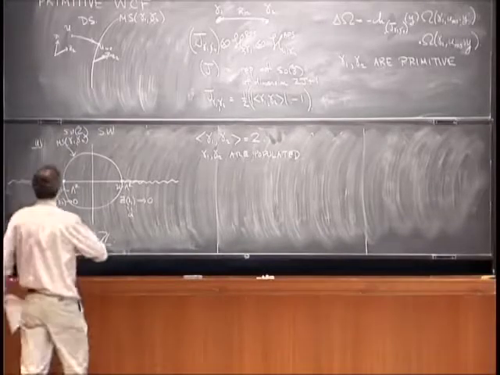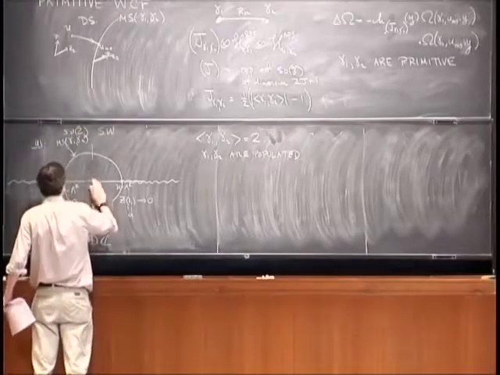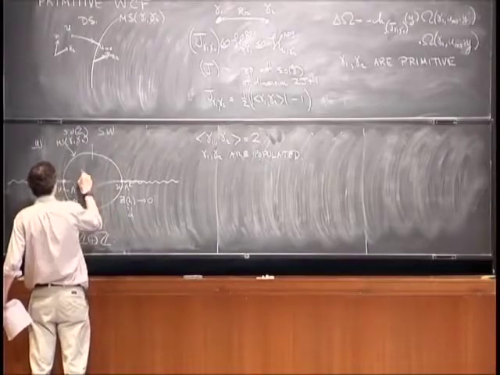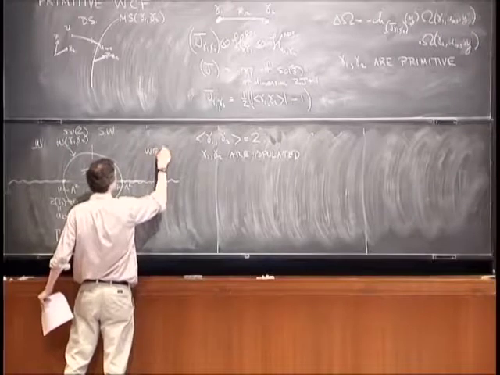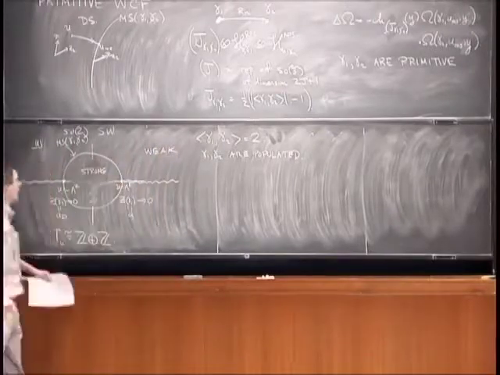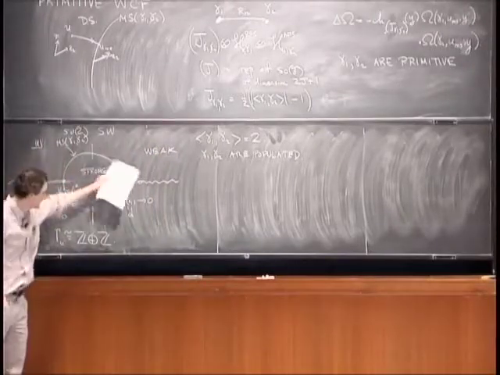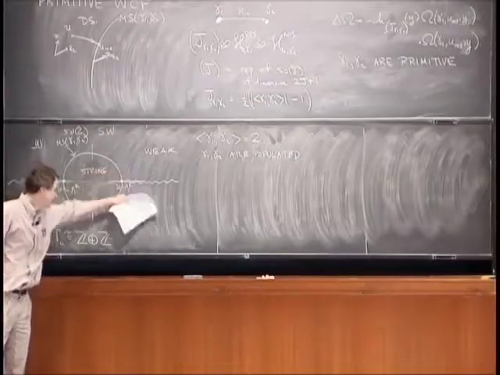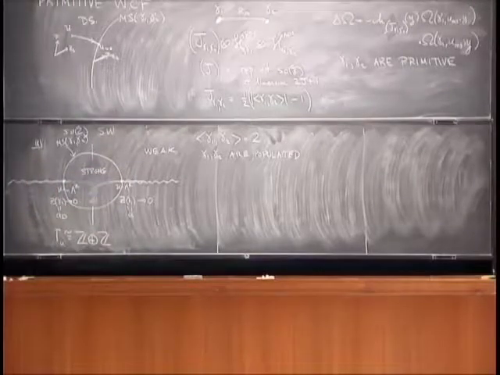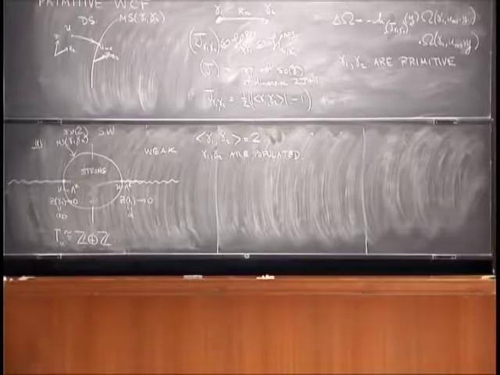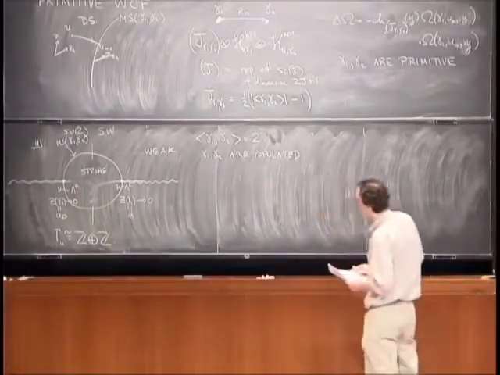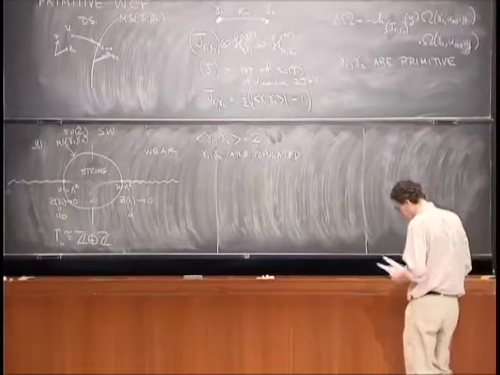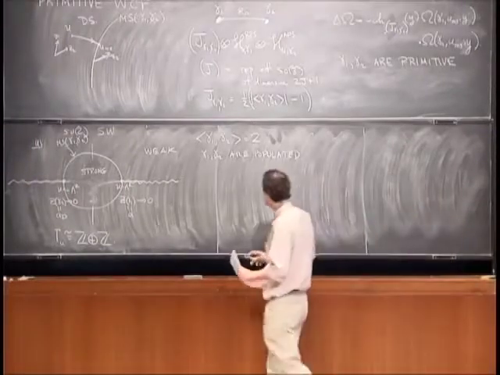So the wall of marginal stability separates the u-plane into a strong coupling region and a weak coupling region. And then by monodromy, there are actually two weak coupling regions if you choose cuts, but they're trivially related by monodromy.